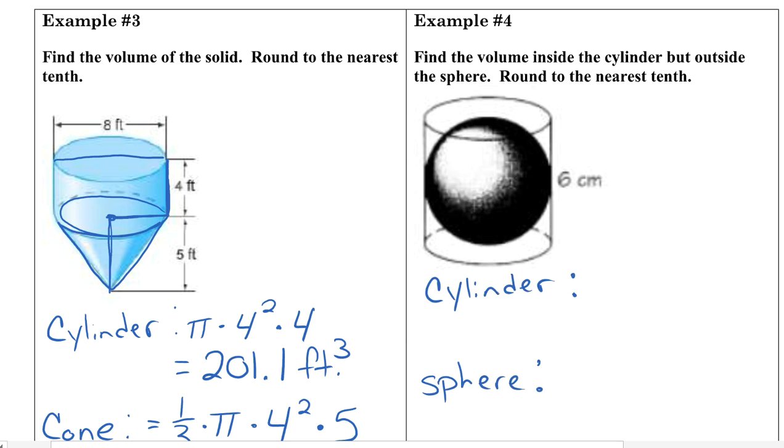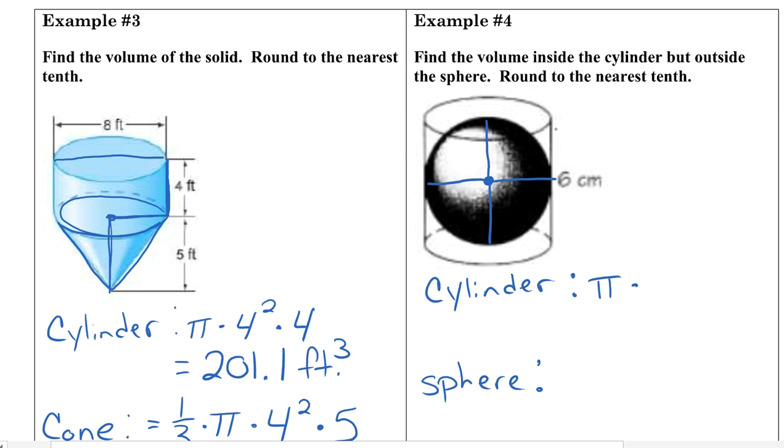So to find the cylinder, I'm going to do pi times radius squared times height. Now, the way that this sphere is inside, if we take the center of the sphere, the top of that sphere hits the base of the cylinder. No matter which way we draw our radius inside the sphere, if we draw that radius to the outside of the sphere, it's also going to be the same as the radius for the cylinder.